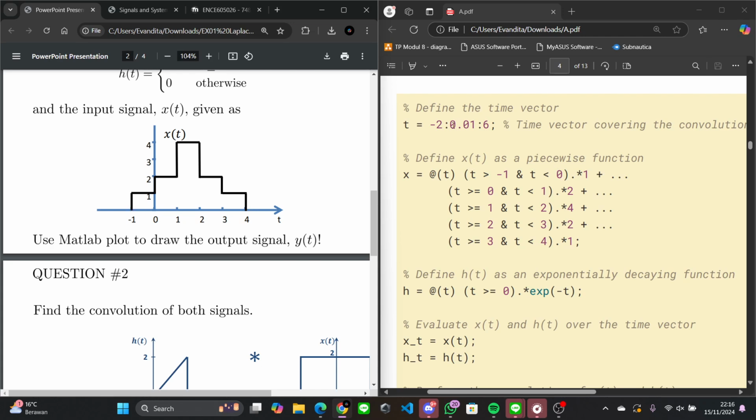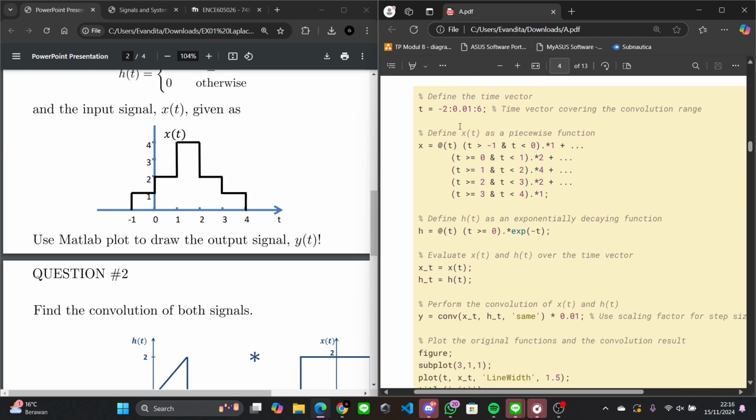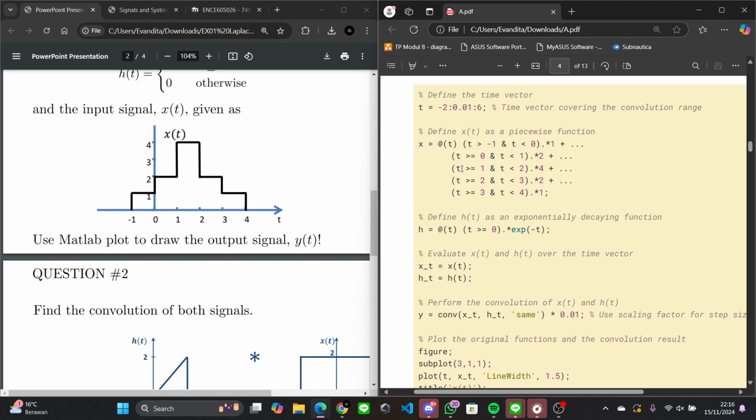And 0.01 just tells the space between the points. So this is the piecewise function. As you can see, for t from -1 to 0, the value is 1. From t equals 0 to 1, the value is 2, and so on.